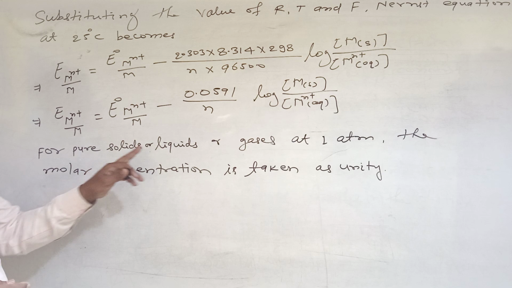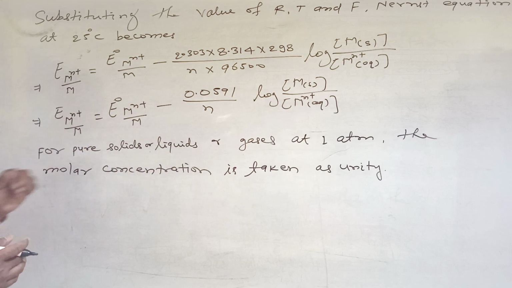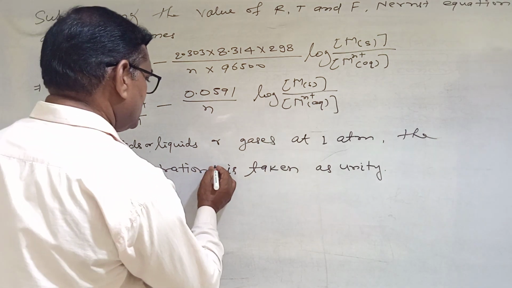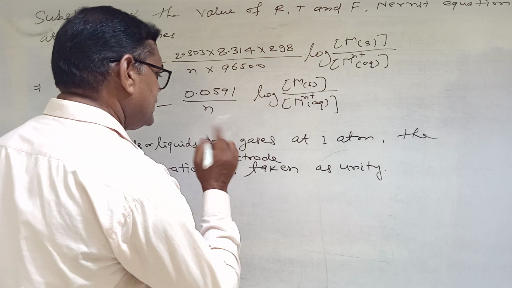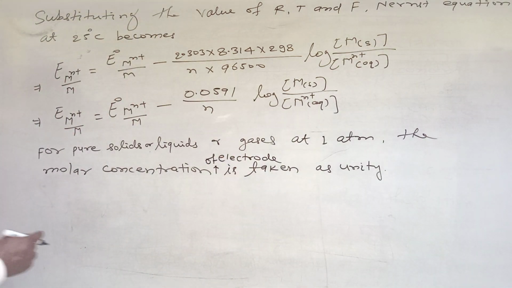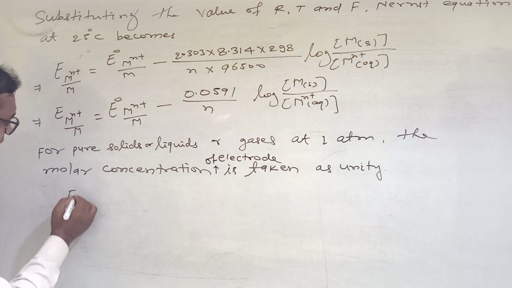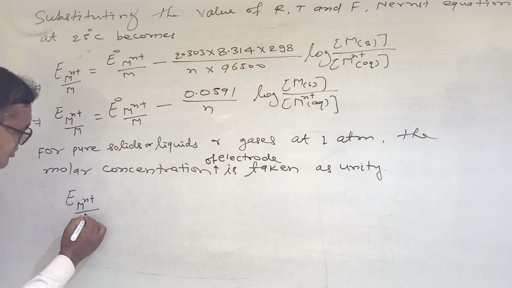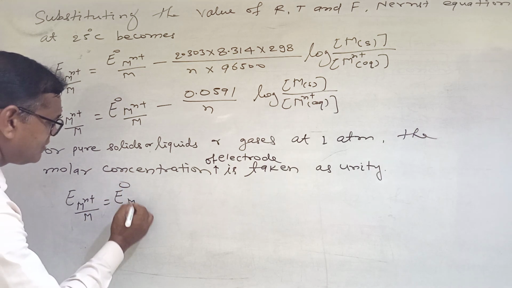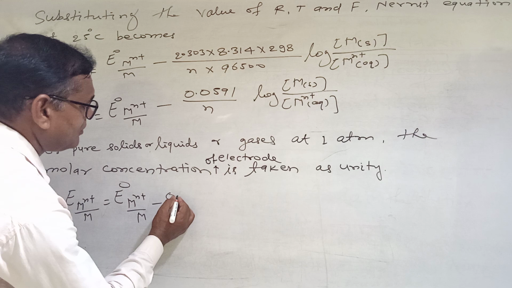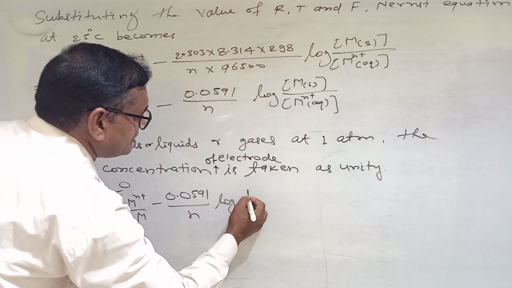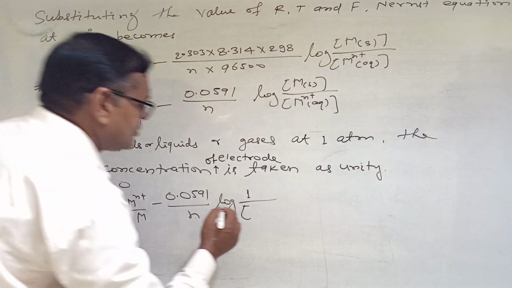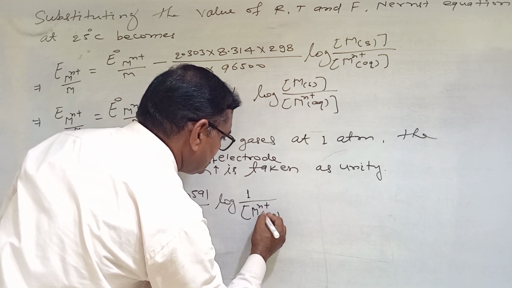If the solid, liquid or gas is pure, then the molar concentration of electrode is taken as unity. We write E of M^n+/M is equal to E naught of M^n+/M minus 0.0591 upon n log, here we put unity, 1 upon the molar concentration of ions in the solution.